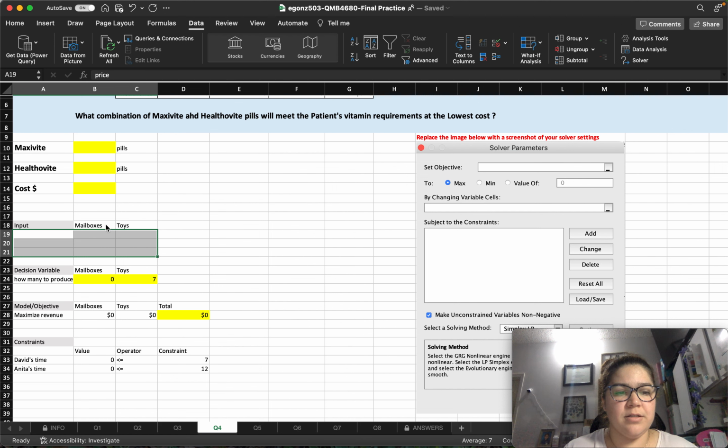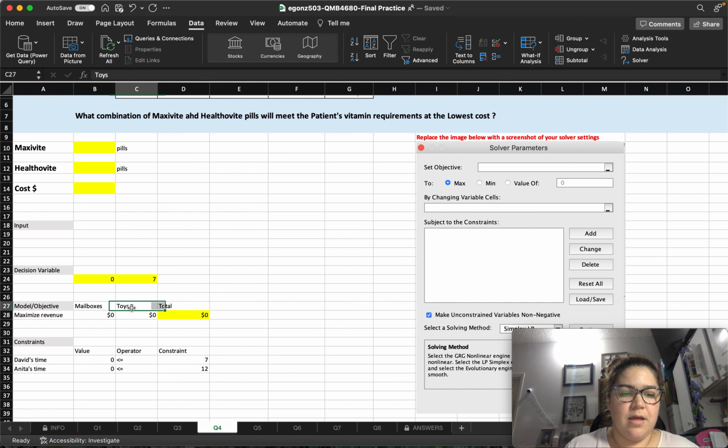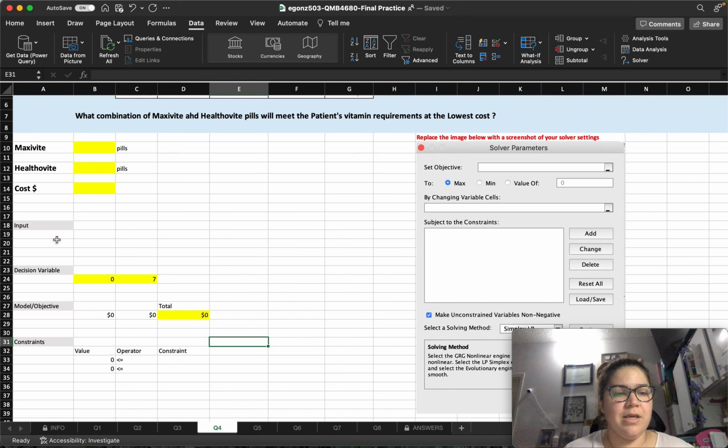So I'm going to clear my contents right here, these two as well. I'm going to leave total because that's going to be the same, even though it's not going to be revenue. And then here, I'm going to take out these two. So I think for me, it's good.